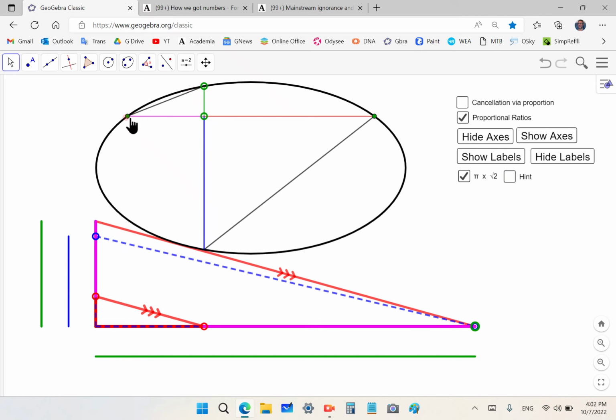It only works if the similar triangles have at least two vertices on the circumference of a circle and they meet in a common vertex. That's the only time that this theorem will hold.